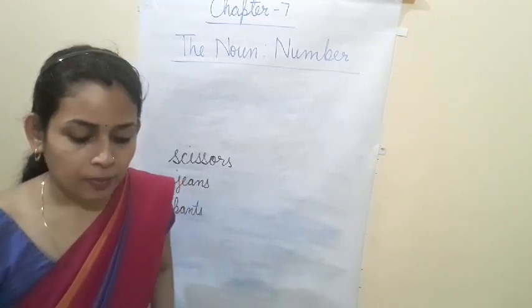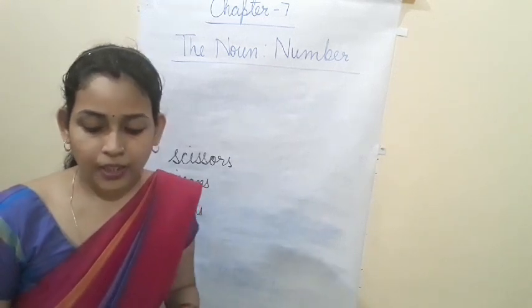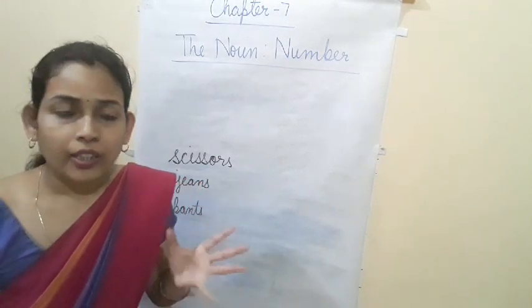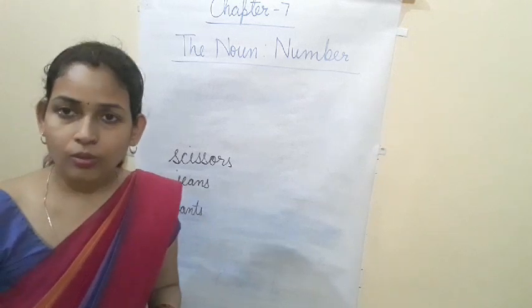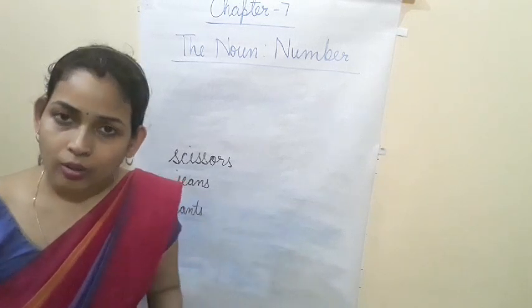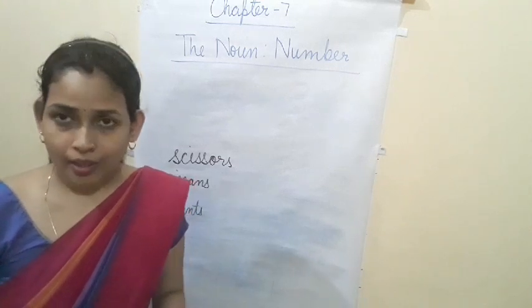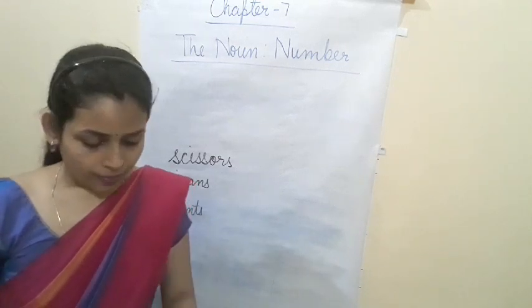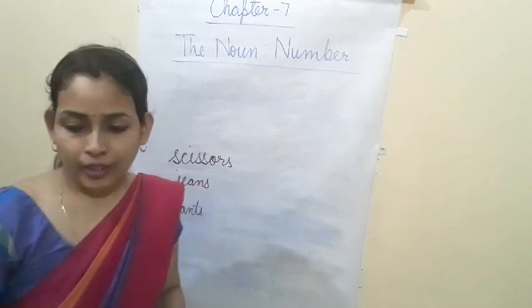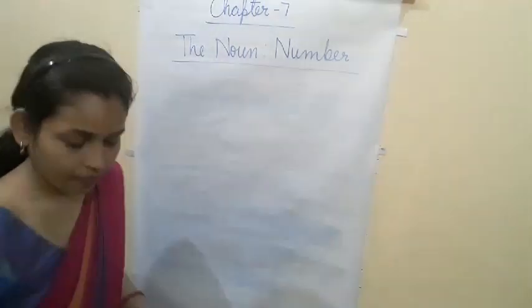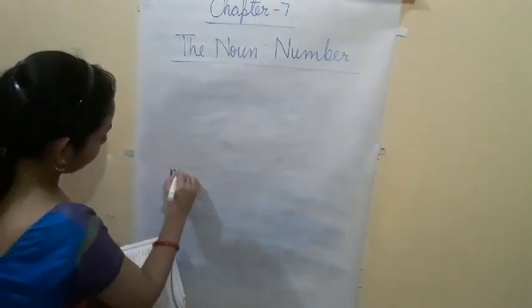Some nouns are spelled and spoken like plural, but they have singular meaning. When we pronounce or read those nouns, it sounds like they are plural, but actually they are singular. For example, mathematics.